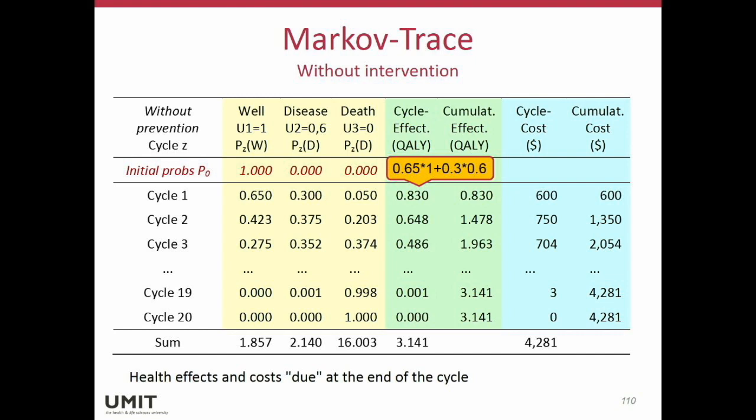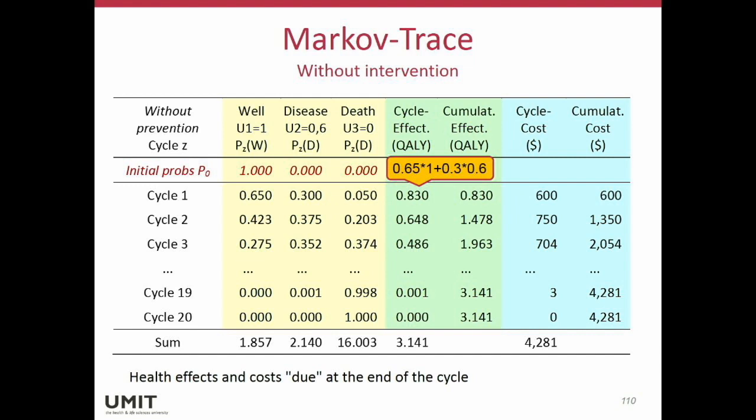Assuming that your cycle is 1 year, then you have a utility of 1 for the people that are in the well health state, plus the utility of 0.6 for the people that are in the disease health state, the 0.3, so the 30% that are in the disease health state. This gives you the cycle effect of 0.83 quality adjusted life years.